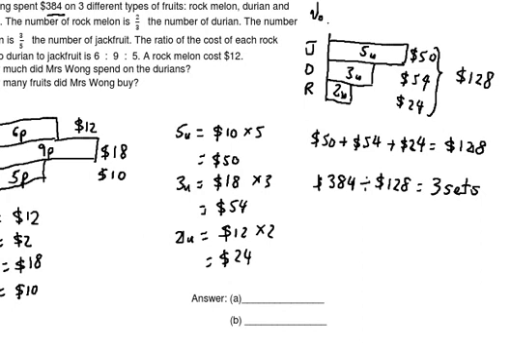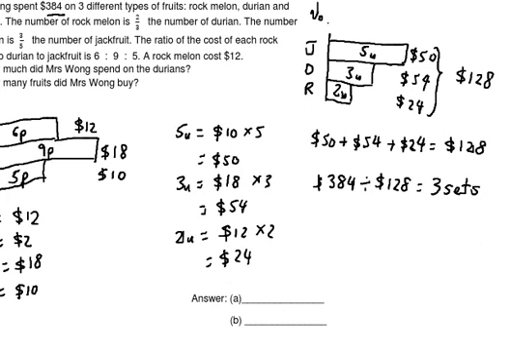Correct? So how much did she spend on the durians? Okay, you know that there's 3 sets, and in each set, right, there's 3 durians. Am I right or wrong? So what's the total number of durians that she bought? 9, right?